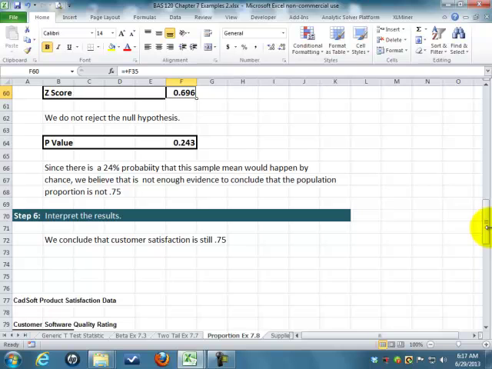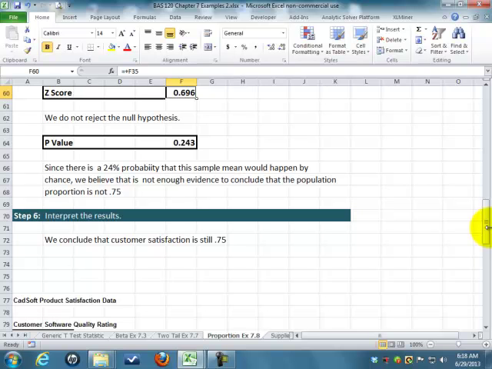So a lot of folks would keep digging for additional evidence, and that's probably what you would do here because customer satisfaction did jump from 75% to close to 80%. But based on the data you have to date, the 44 sample you took, you cannot conclude that customer satisfaction has improved significantly. Any questions, let me know.